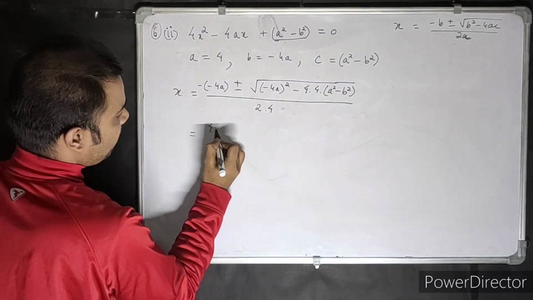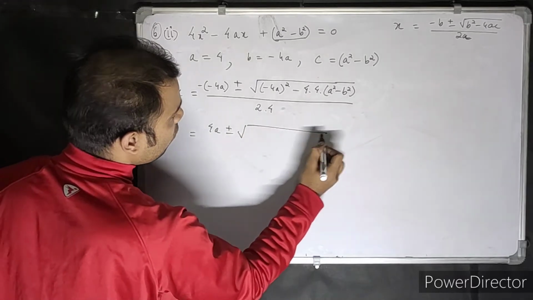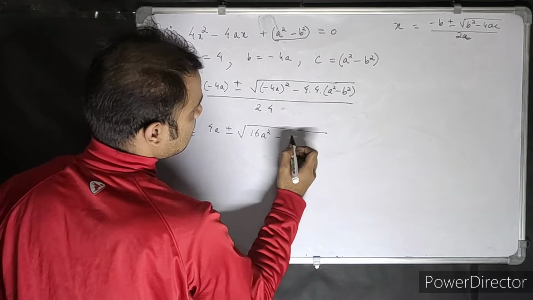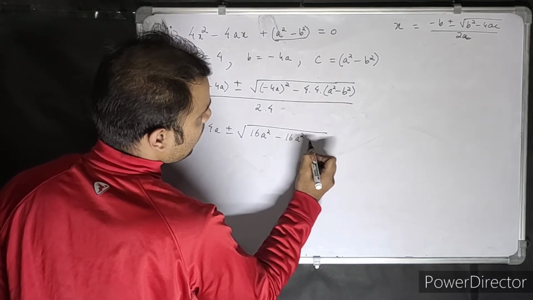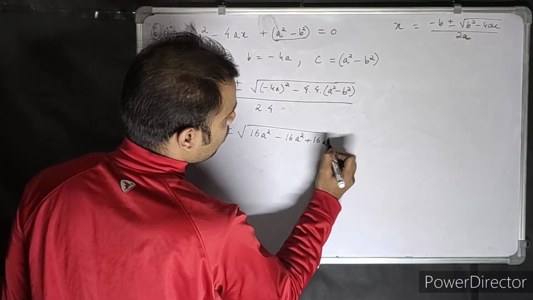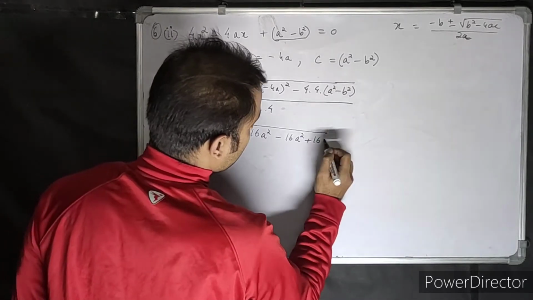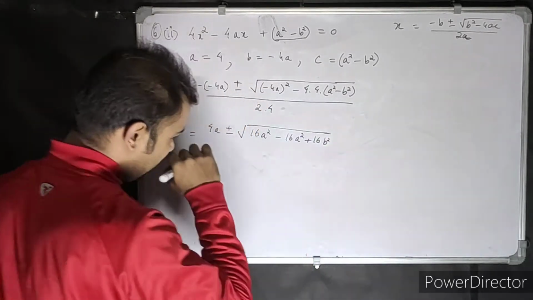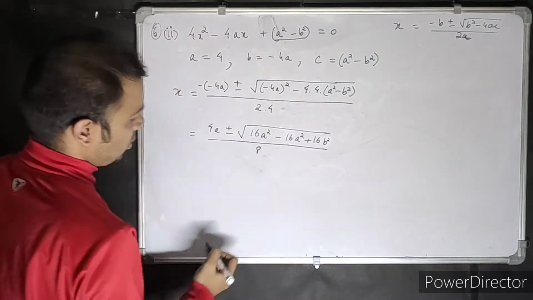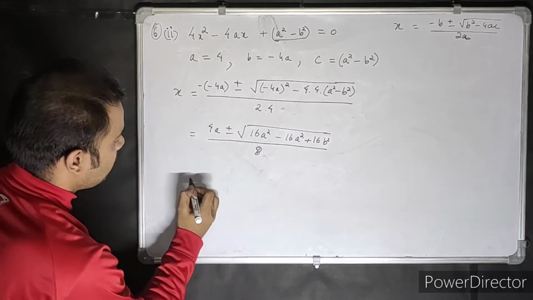So that is 4a plus minus root over 4 4s are 16 a square minus 4 4s are 16 a square plus 16b square. Please don't forget the sign outside. It's a minus sign, so inside of the bracket becomes positive. Divide by 8.